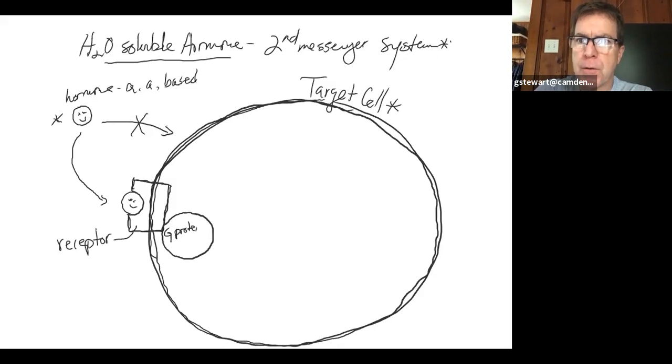Now, there are G proteins on the inside of this cell. When this hormone binds to its receptor on the outside of the cell, that activates this G protein that's coupled with it. I don't have any room to write, so I'm going to write some things at the end of this, but I'm going to say this now. This G protein is inactive when GDP is bound to it. And don't worry about what GDP means.